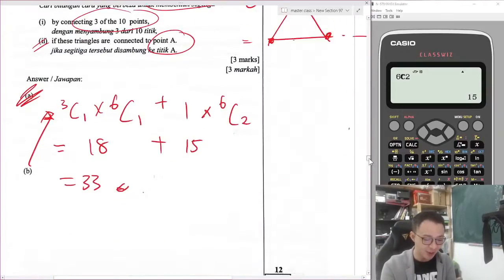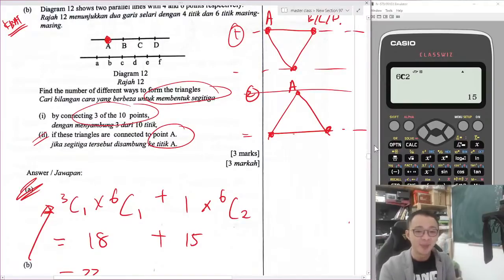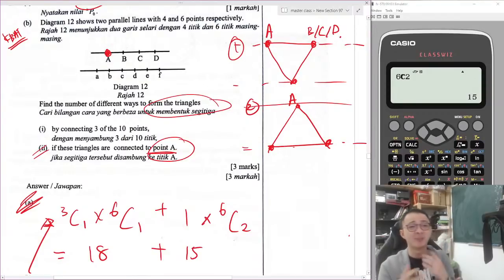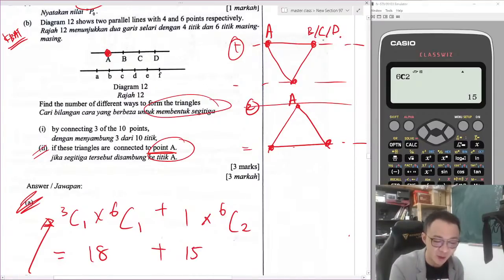So why 3C1? Okay, because you don't understand. Okay, come. You see, if I want to have point A, point A must be included, isn't it? So if point A must be included, let's say I want to form the triangle like this.